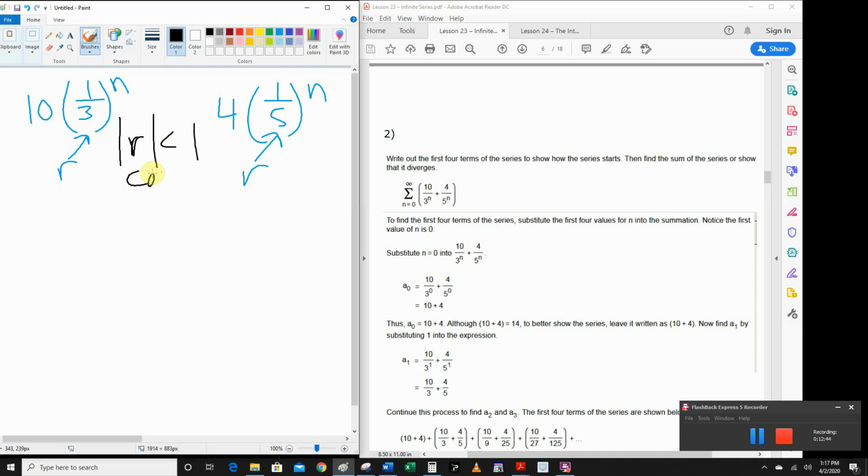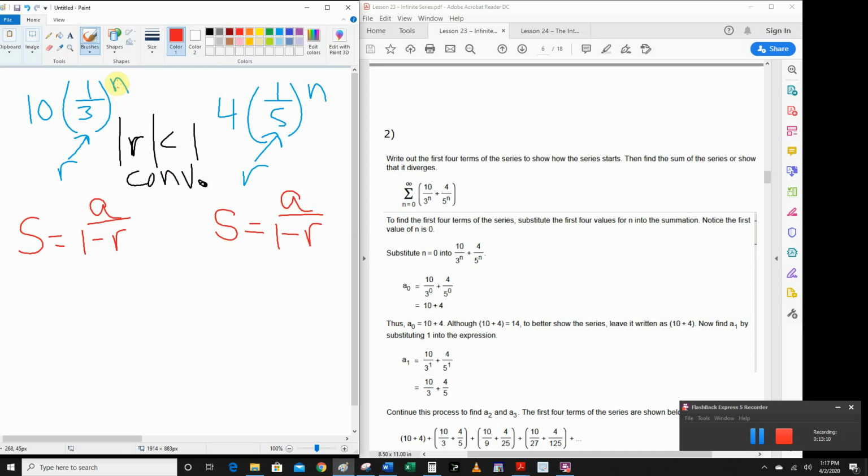So this series converges, and that means we can find its sum. Our sum formula is A over 1 minus R. One thing I need to go back and find is A for each fraction.